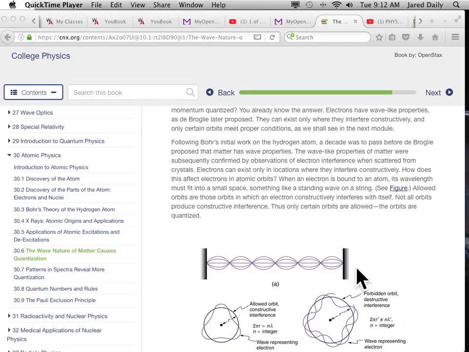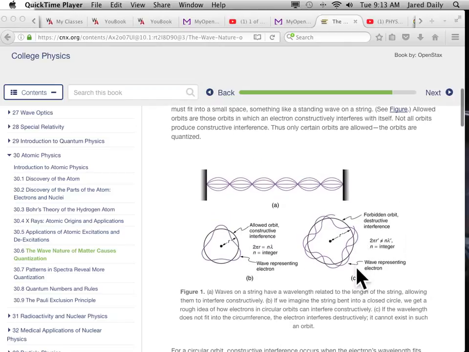Well, in the atom, this connects to a lot of things that are quantized. For example, an electron has a particular wavelength, and if you connect that wavelength around the atom, it fits around at about where we would think the radius of the orbit of an electron would be if the electron was orbiting.